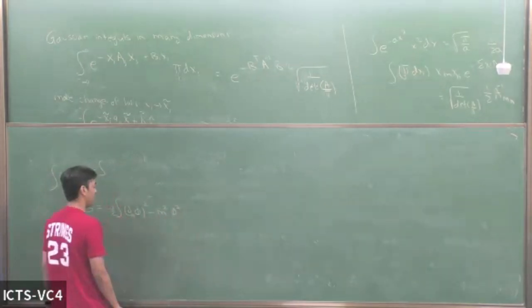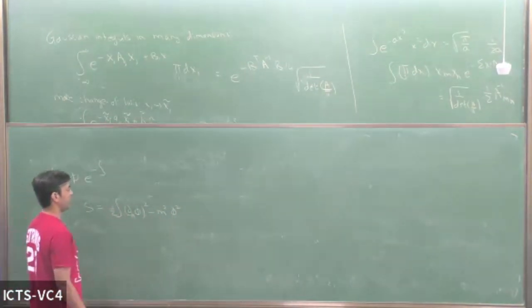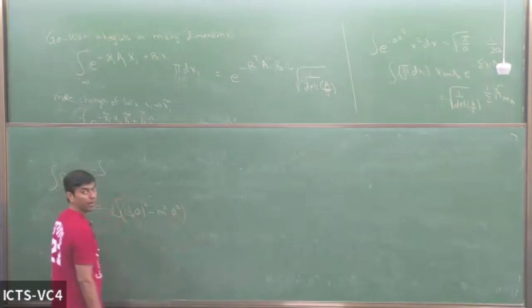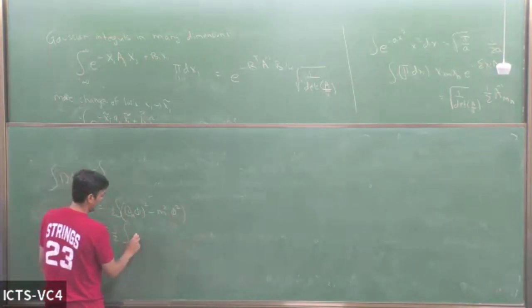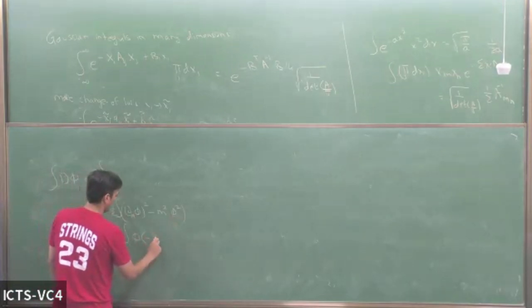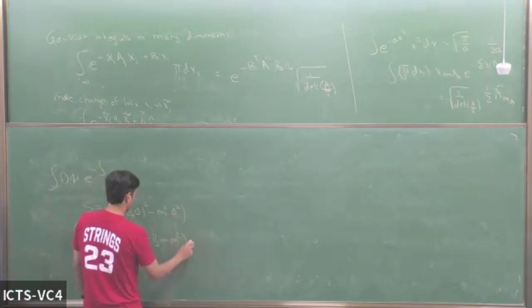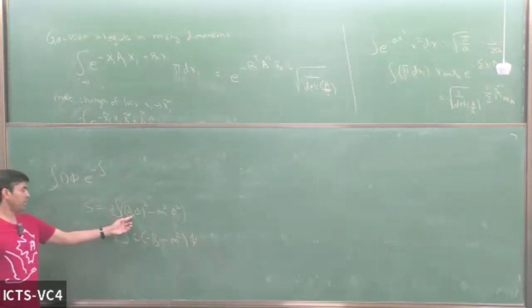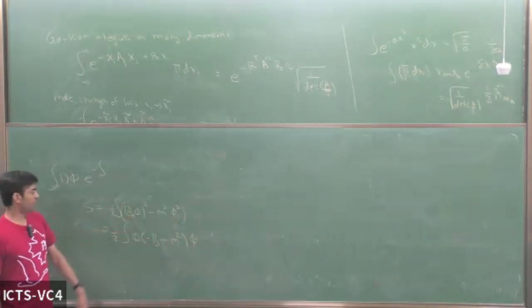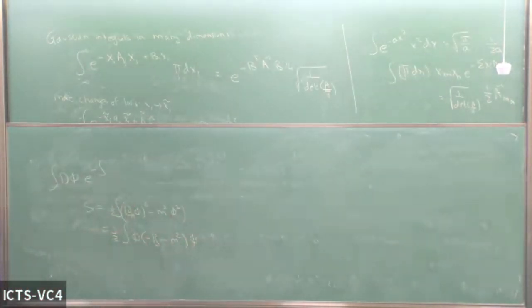However, this integral can often be integrated by parts if we just want the action, and you can write this as half of the integral of phi times minus box minus m squared times phi. You can take this derivative and move it to the other side and you'll get something like this.